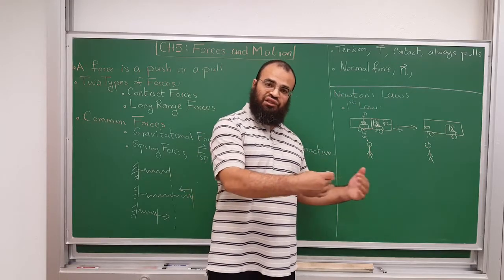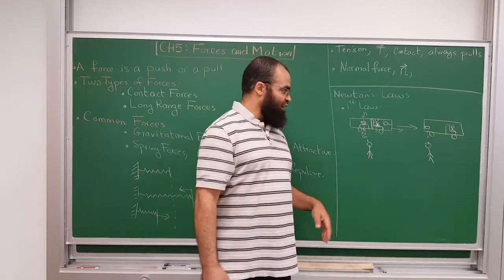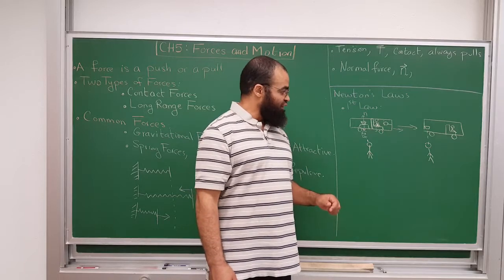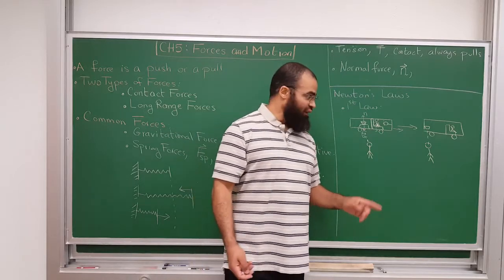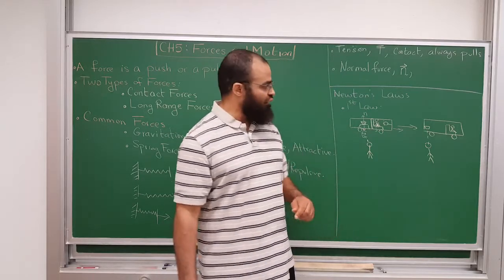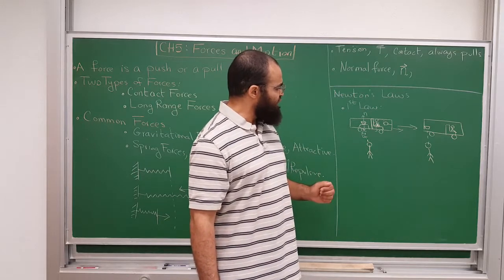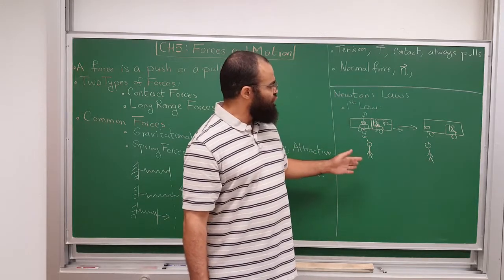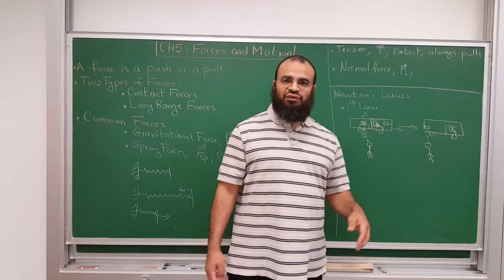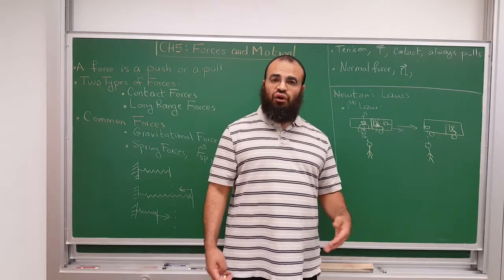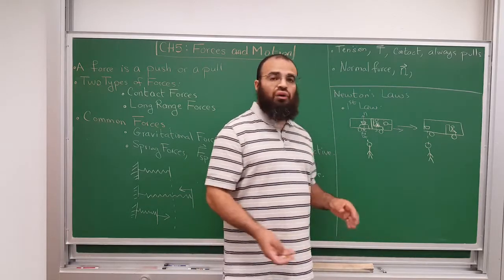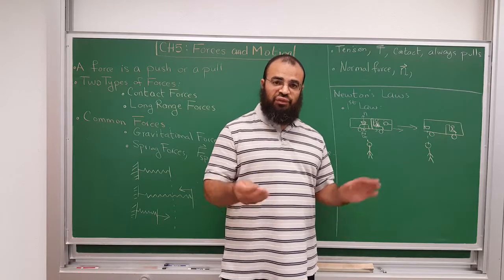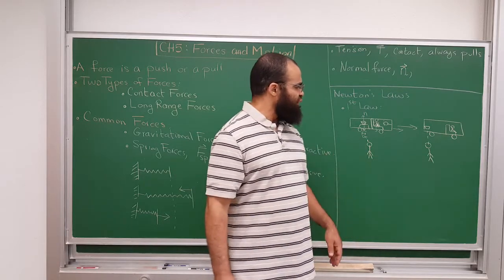If it's moving at constant velocity, then it is an inertial frame of reference. If it's not moving at constant velocity, then that frame is a non-inertial frame of reference. I hope that's clear. We'll not dwell on this because the frames of reference that we will be considering all semester will be inertial frames of reference.